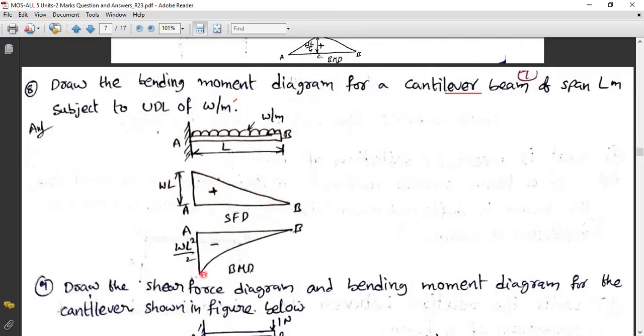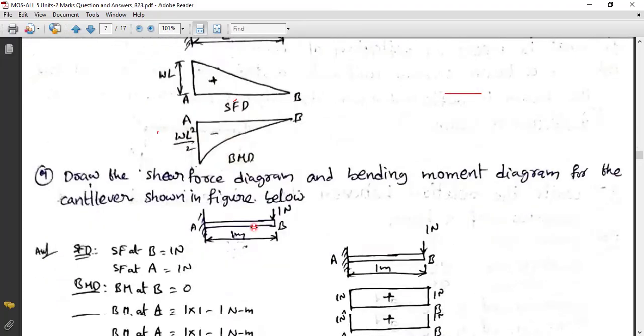So this is a positive inclination. This is a negative inclination. This is the bending moment diagram, which is given by WL into L by 2, which is WL square by 2 for the bending moment diagram. WL is given by the shear force diagram on this length.